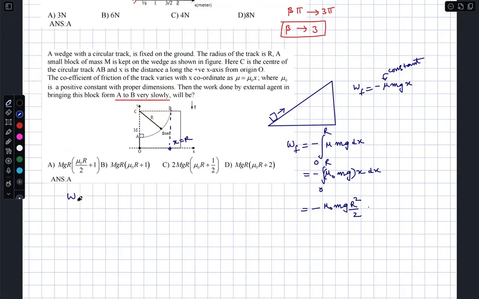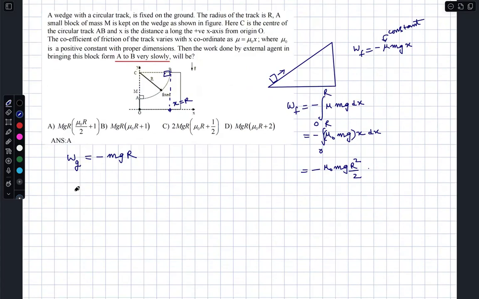What is the work done by gravity, independent of path? Simply minus mgR. Because you have lifted the block from here over to here, that is vertical, so mgR. Now you apply the work energy theorem.